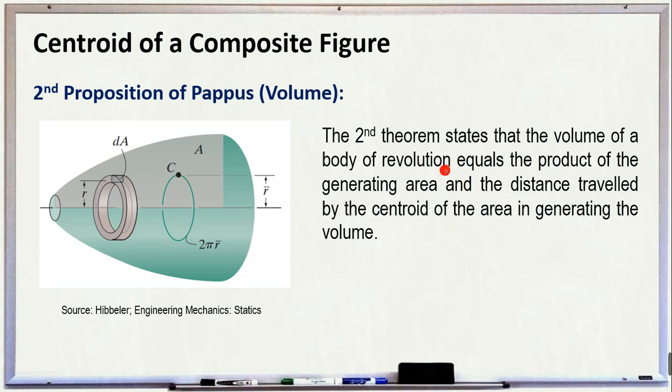So the second proposition states that the volume of a body of revolution equals the product of the generating area and the distance traveled by the centroid of the area in generating the volume. So ang diri say for example, we have here an illustration, and then this one right here is the axis of rotation.